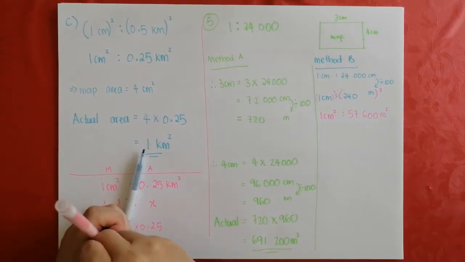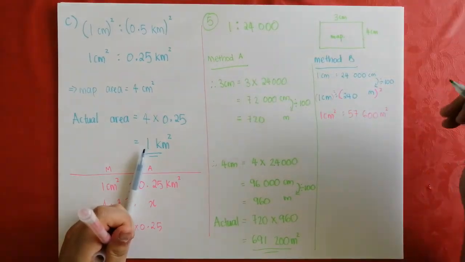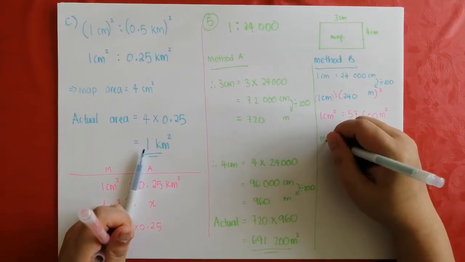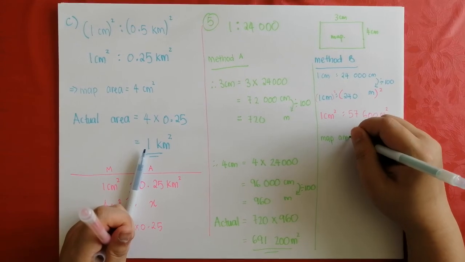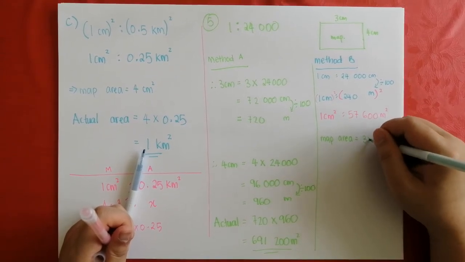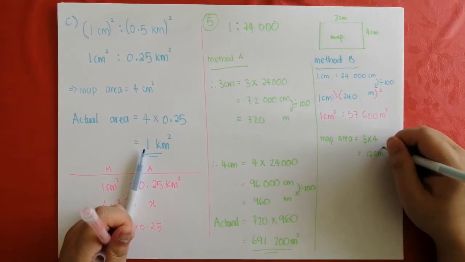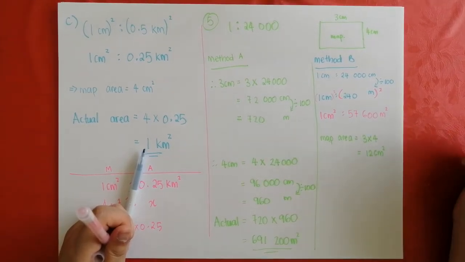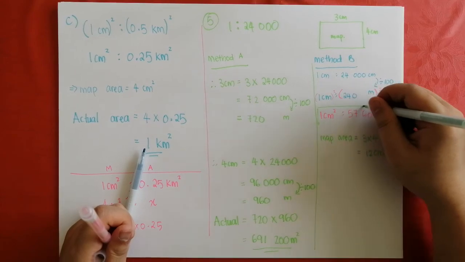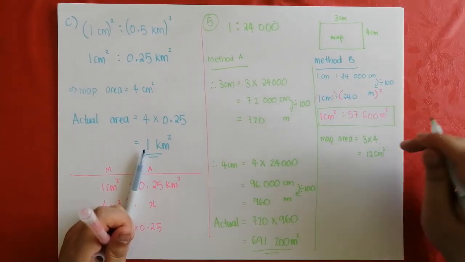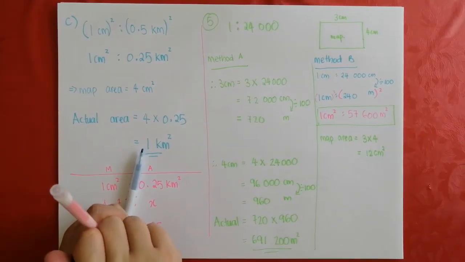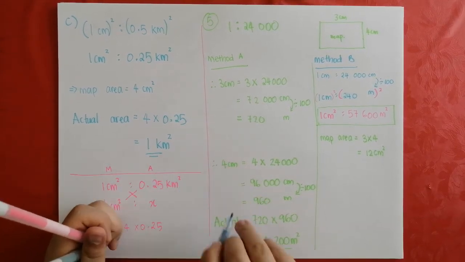Why am I doing this? Because I can find the map area. The map area is 3 times 4, which gives you 12 square centimeter. With this conversion, 1 square centimeter equals 57,600 square meter.